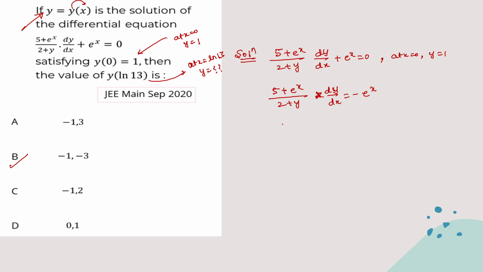So dy/(2 + y) = -e^x/(5 + e^x) dx. You are getting this, and now you can do the integration. Integrate both sides.